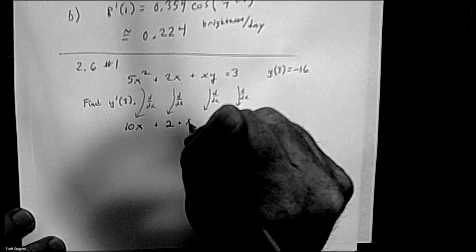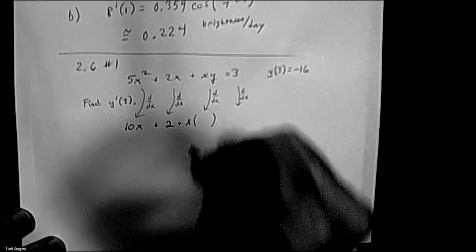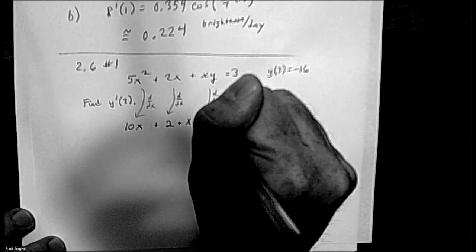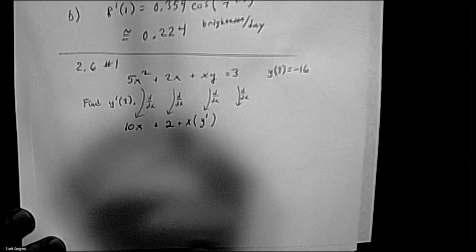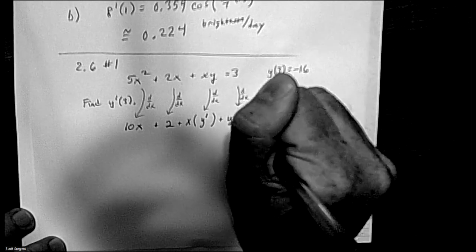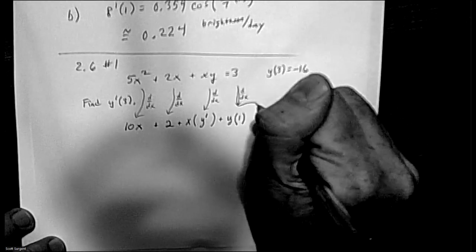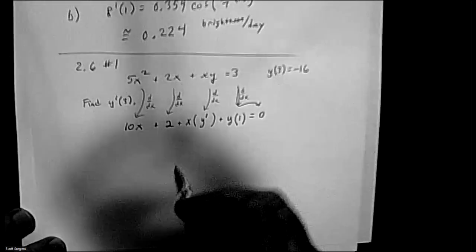It's going to be first times the derivative of the second. And this is where I have to write y prime, because the chain rule kicks in and says, what's the derivative of y? Well, it's y prime. Plus the second, which is y, times the derivative of x, which is just 1. And then the derivative of 3 is 0.